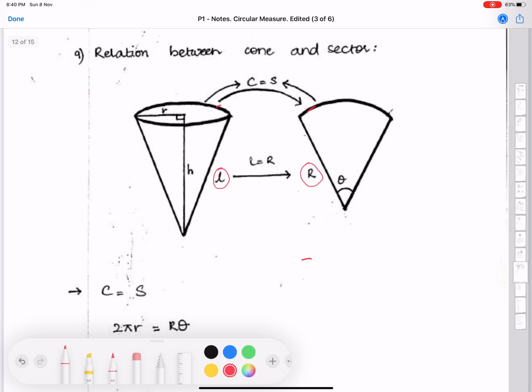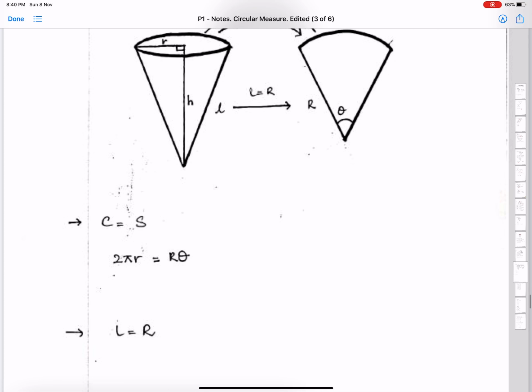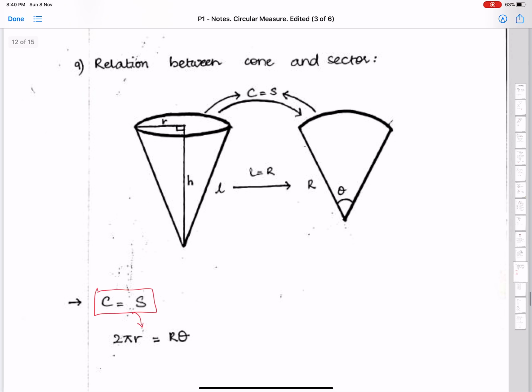You just need to remember these two things. Circumference converts into arc length like this, and slant height converts into radius. Make sure you write small r here and capital R here, so that these two r will not be mixed.